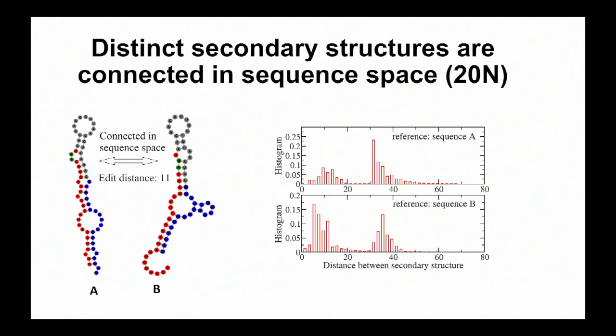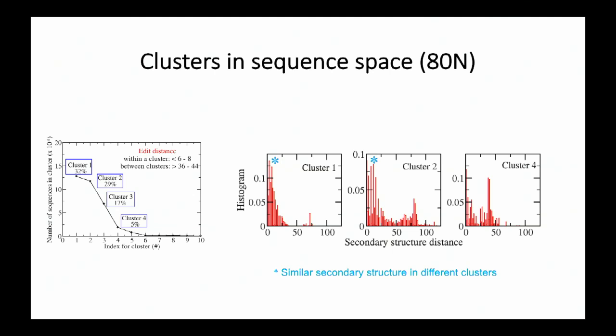And if we go to 80N, the situation is quite similar. Here we just have four different clusters that account for about 85% of all structures that we sequenced, and there were millions of them sequenced.